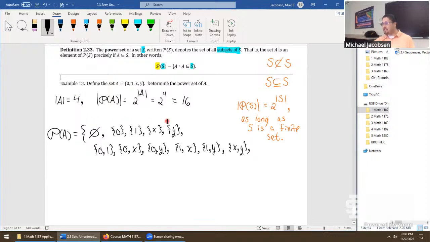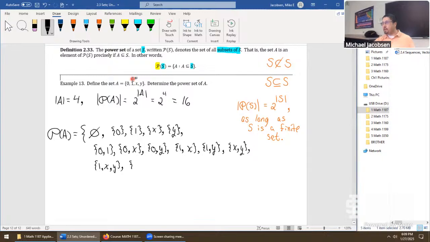We got the empty set, the singleton sets, the sets of cardinality 2. Now come the sets with exactly 3 elements. As before, just imagine you're leaving one element off. Let's start with 0. If we leave off 0, the set would contain 1, X, and Y. So that's 1 triple.